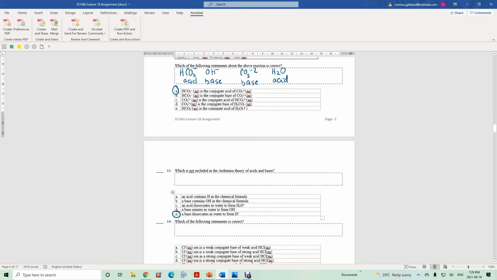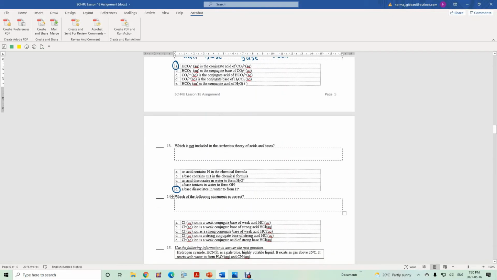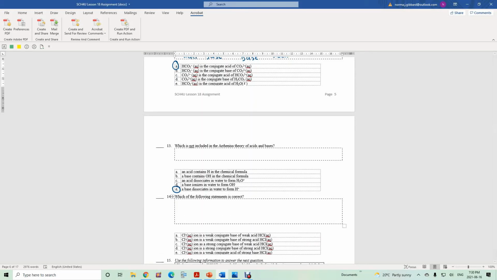We do know that, let's make this a bit bigger, HCl is an acid, and it's actually considered a strong acid, hydrochloric acid. So we would then say that B is the correct answer.